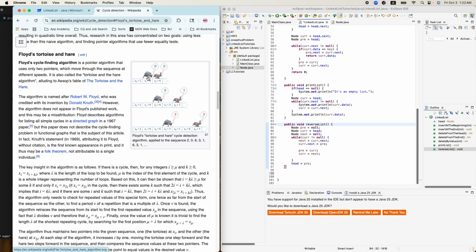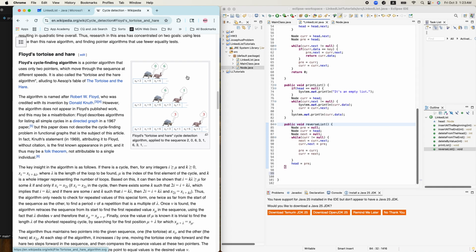So how does it work? It is very obvious that the hare is much faster, and if there is no cycle, this faster pointer comes to the end of the list, and as soon as it does, we can conclude that there was no cycle because we have an ending node.